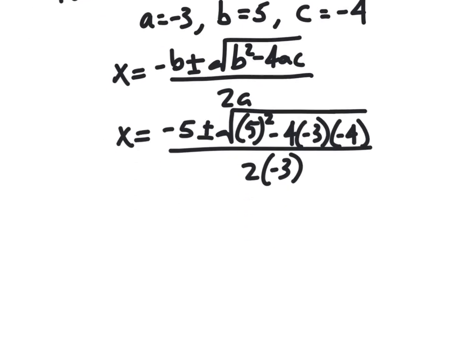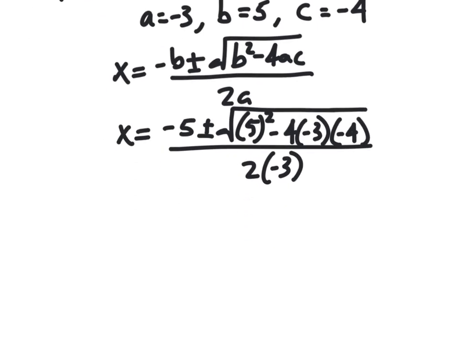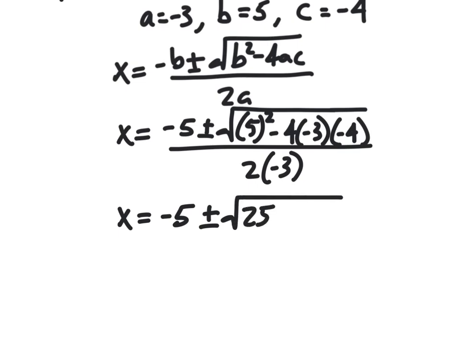Let's simplify this a little bit. I've got opposite 5 plus or minus the square root of 25 minus, and now here's what we have: 3 negatives multiplied together. A negative times a negative is a positive, but times another negative gives me a negative. So 4 times 3 is 12, multiplied by another 4 gives me 48.